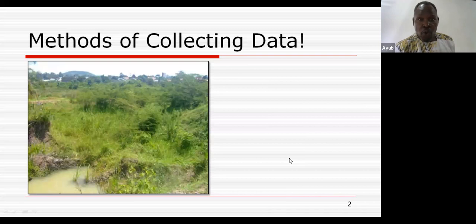You go to the field, and you want to know the problems associated with the features in this area, which you are seeing.